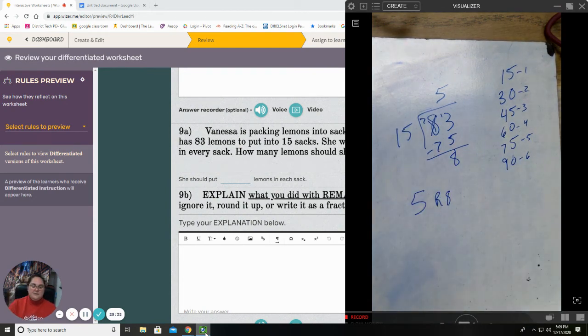But freeze. The question says, how many should she put in each sack? You can't put 5 remainder 8 in each sack. Nope. You also probably can't round up because it wouldn't make sense if I gave everyone 6 lemons because some of you would have 6 and some of you would have 4.